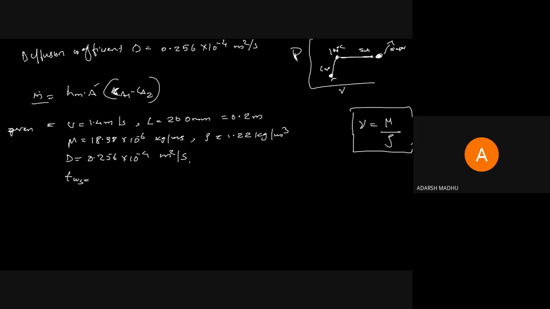Initially, when we apply heat, the temperature of water rises from 0 degrees Celsius to 100 degrees Celsius. At that condition there is no vapor formation. At 100 degrees Celsius we have the saturation temperature and saturation pressure, P saturation and T saturation.